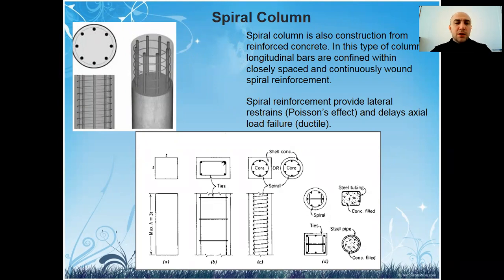Next one. The tied column, if we compare it with the spiral column, has some distinguishing differences between them. For example, a tied column has horizontal reinforcement, so closed ties or hoops.